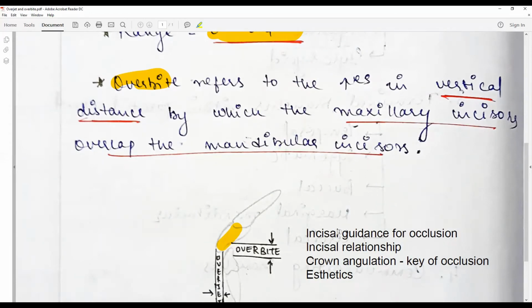If this is not happening, what will happen to the incisal guidance of occlusion, meaning the upper arch should cover the lower arch. The presence of the lower incisor will help the upper arch, acting as a stopping point so that it does not come to posterior.